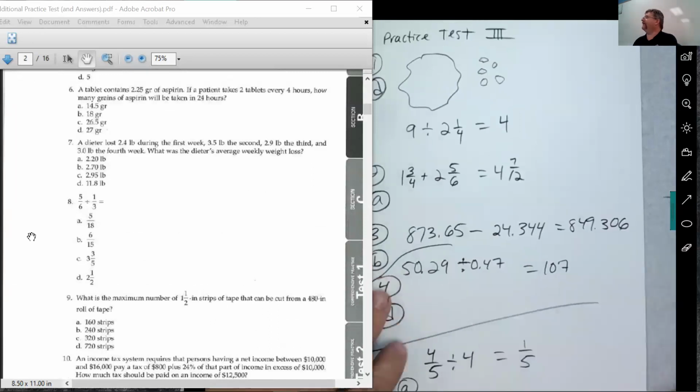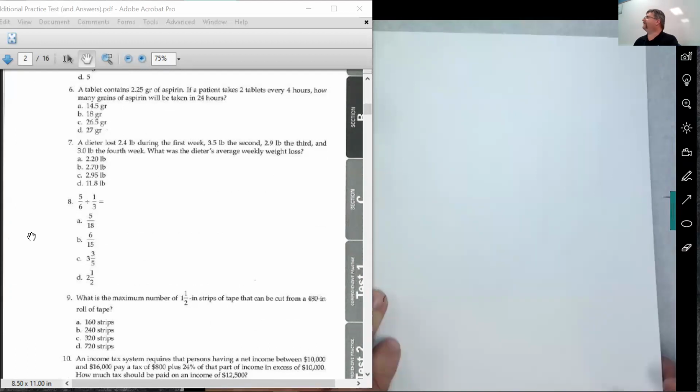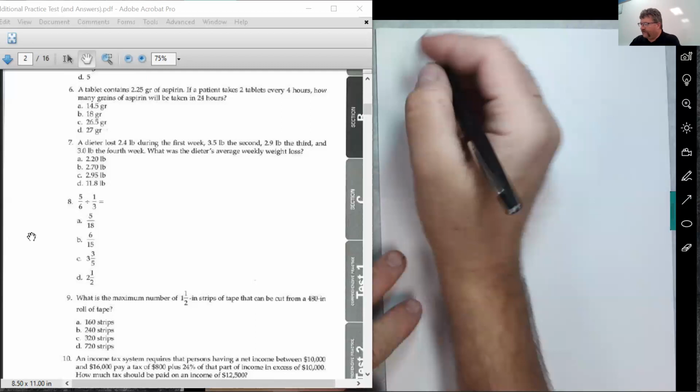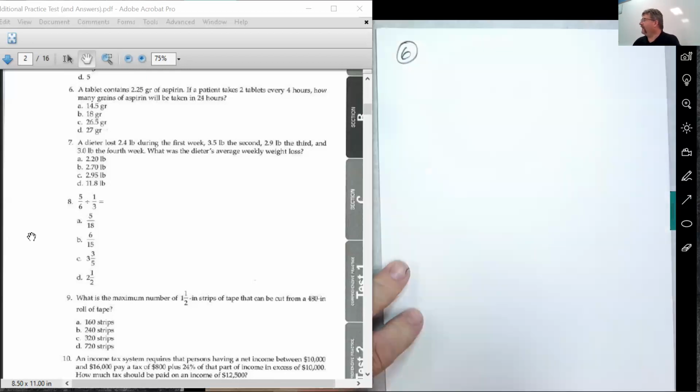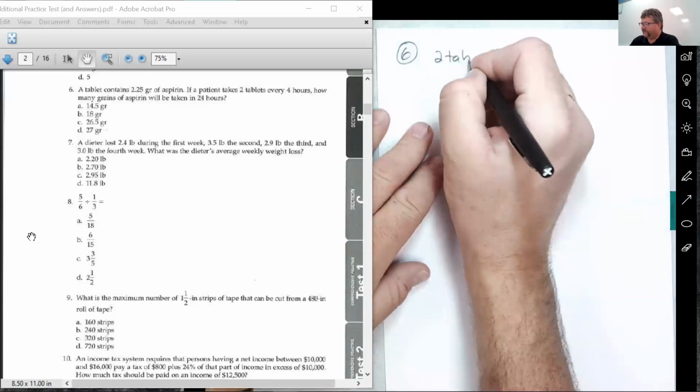A tablet contains 225 grains of aspirin. If a patient takes 2 tablets every 4 hours, how many grains of aspirin will be taken in 24 hours? Well, we need to figure out how many tablets we're taking. We know how many grains are in each tablet. We're taking 2 tablets every 4 hours.